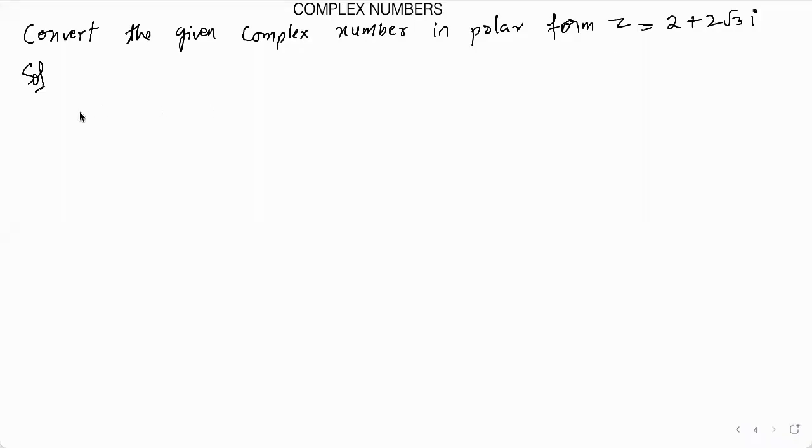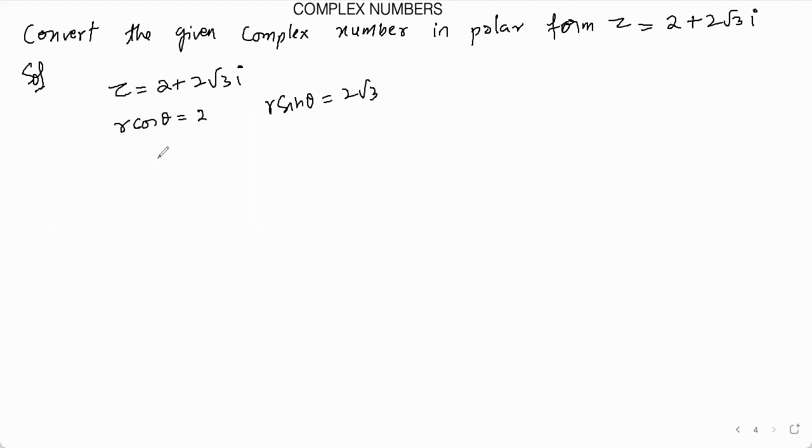So again, z is equal to 2 plus 2 root 3i. So r cos theta, which is 2, right? R sin theta, which is 2 root 3.